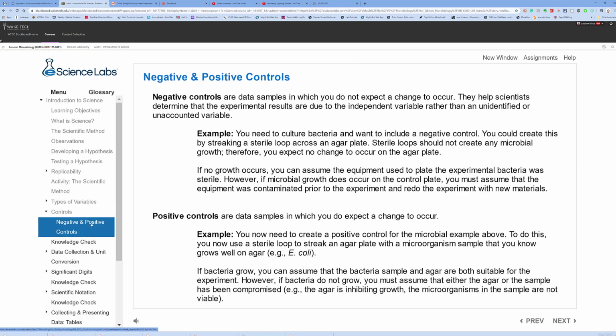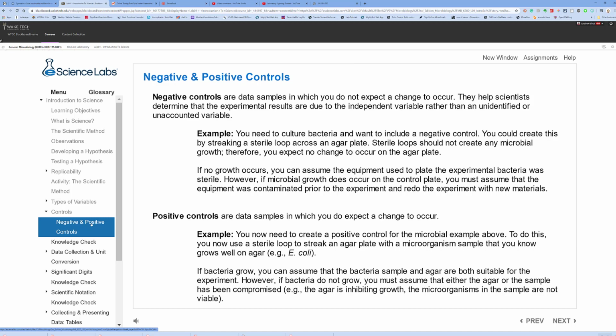Negative controls are data samples in which you do not expect a change to occur, to help scientists determine that the experimental results are due to the independent variable. You just want to verify. Positive controls are data samples in which you expect a change to occur. For example, you need to create a positive control for a microbial sample.